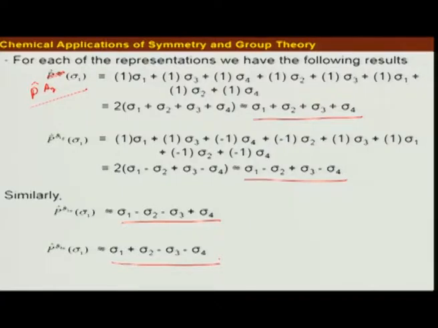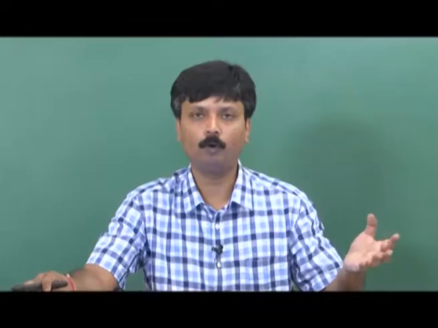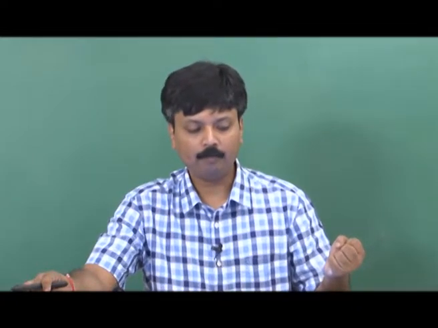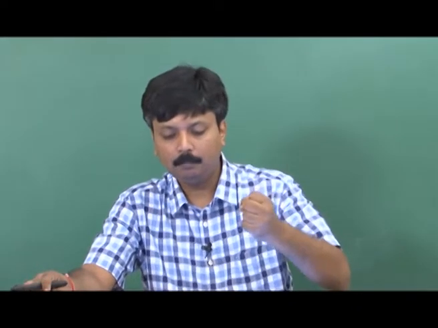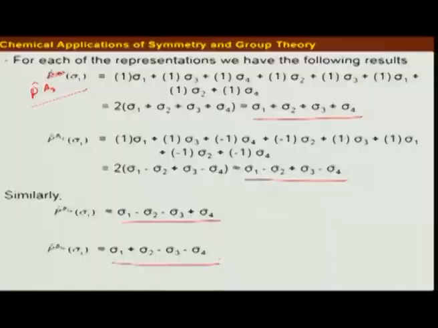To start with these 4 basis functions, we find that this particular combination, sigma 1 plus sigma 2 plus sigma 3 plus sigma 4, forms a basis for Ag. That not necessarily forms a basis for any other. Similarly, for B1g, we get a particular combination of sigma 1 minus sigma 2 plus sigma 3 minus sigma 4 forming a basis.